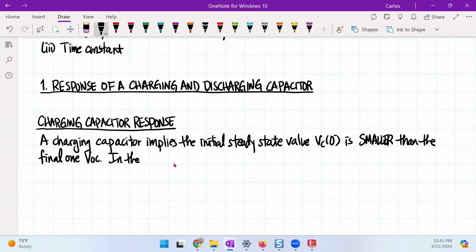In the response equation, the bracket term is negative.